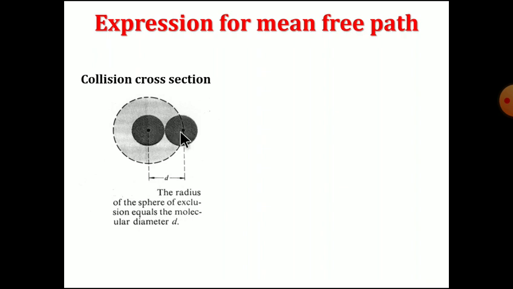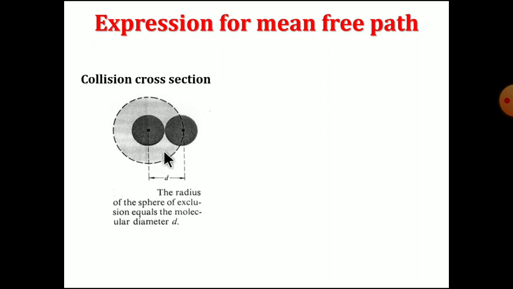Once they collide, the distance between the centers of the two molecules is equal to the diameter of the individual gas molecule. Therefore, this is the sphere of exclusion, which is equivalent to the molecular diameter.